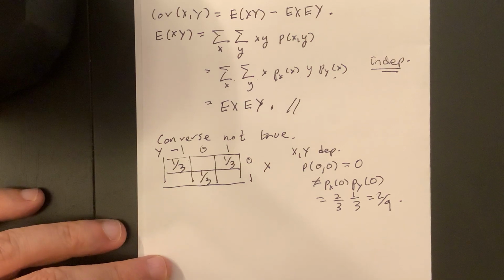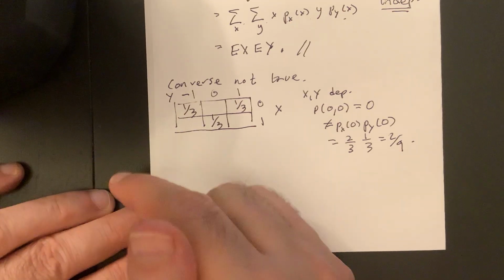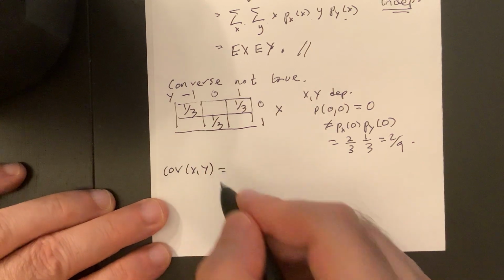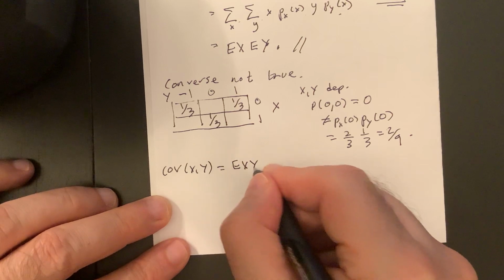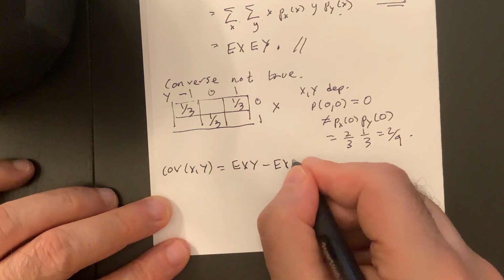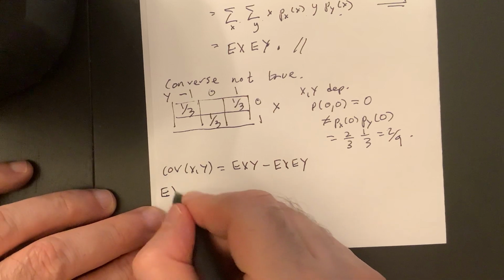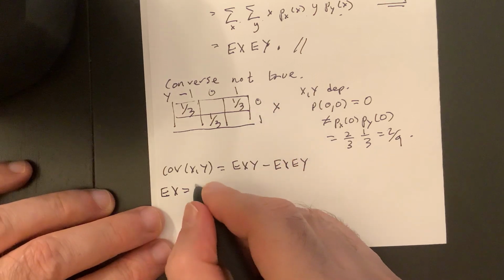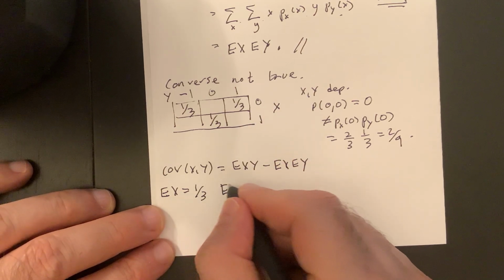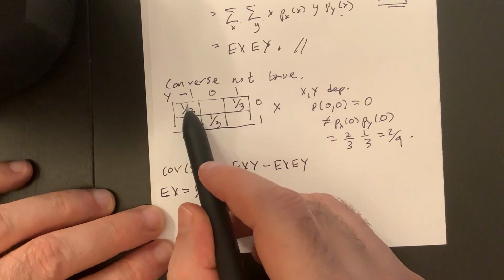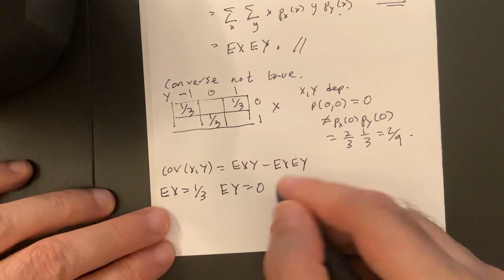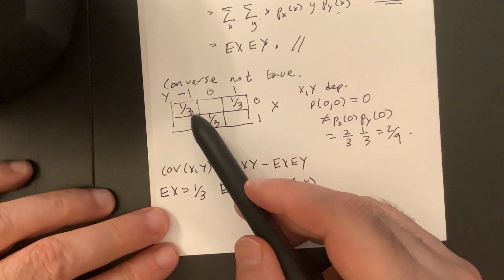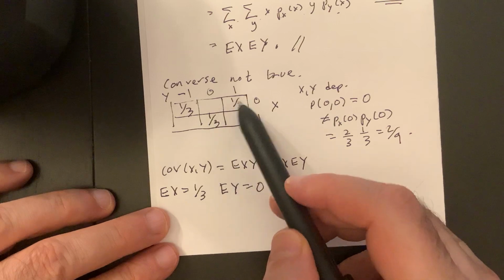So X and Y are dependent, yet the covariance of X, Y equals E[XY] minus E[X]E[Y], and we have E[X] is equal to 1/3, E[Y] is equal to 0, and E[XY], the product, is equal to 0, 0, 0, right?